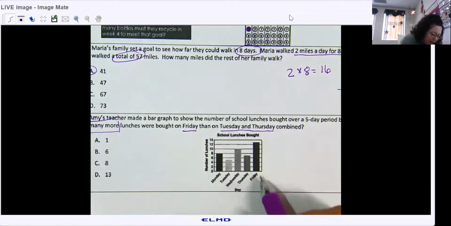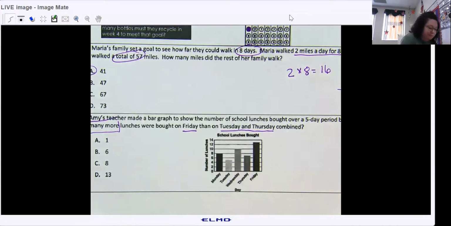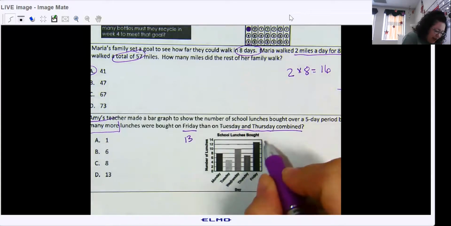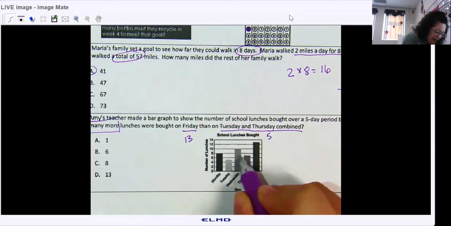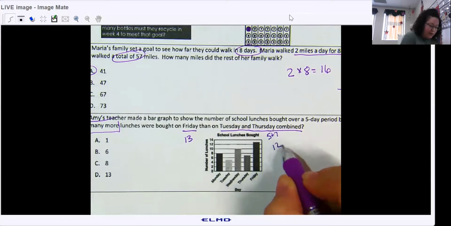So Friday they bought, it's in the middle, so how many is that? 13. And it says Tuesday and Thursday combined. So what would we do? Yeah, you remember. We take Tuesday and add it to Thursday, and we get 12.